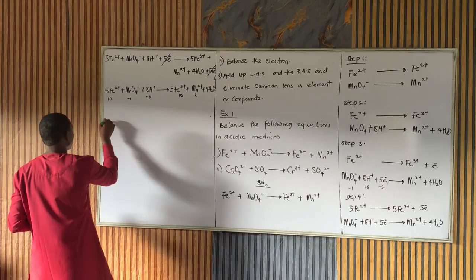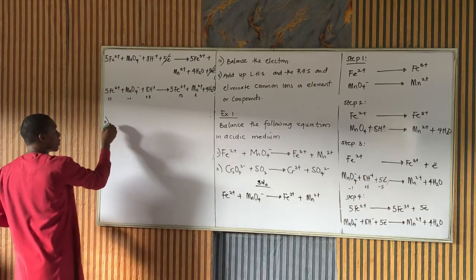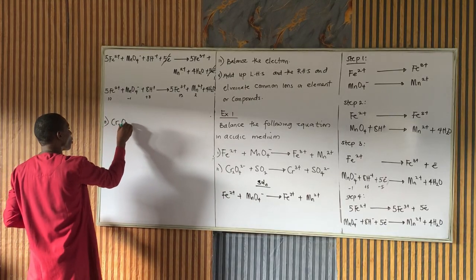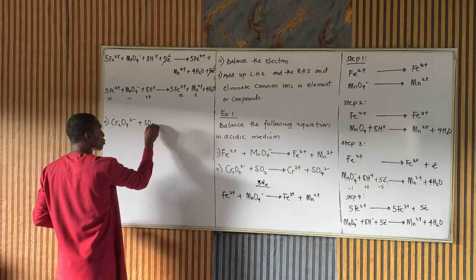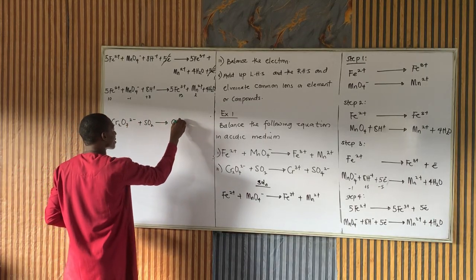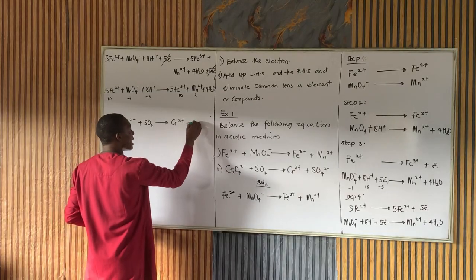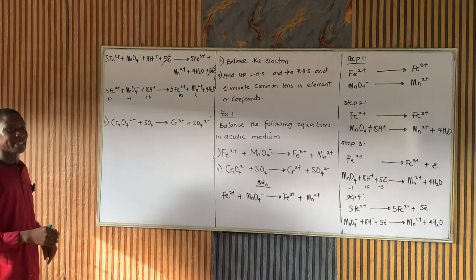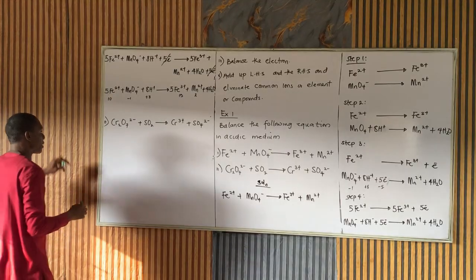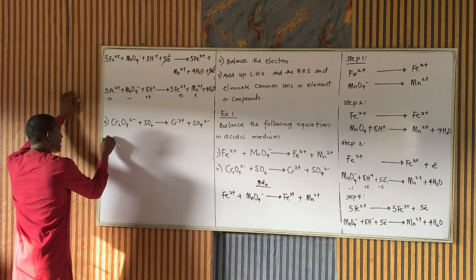Let's take the second one. Number 2. We have Cr2O7 2 minus plus SO2 to give Cr3 plus SO4 2 minus. Now again, like the first one, write out the half cell equation. And so the half cell equation, that's step 1 now.